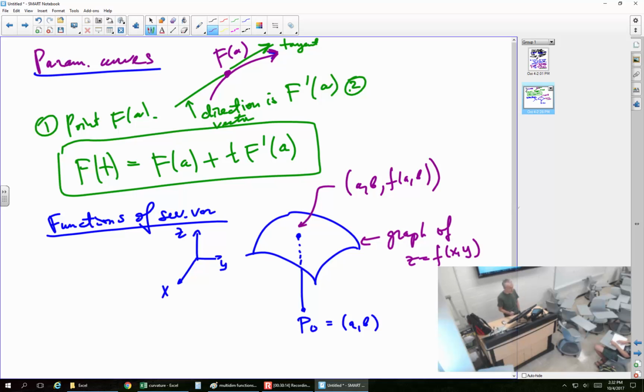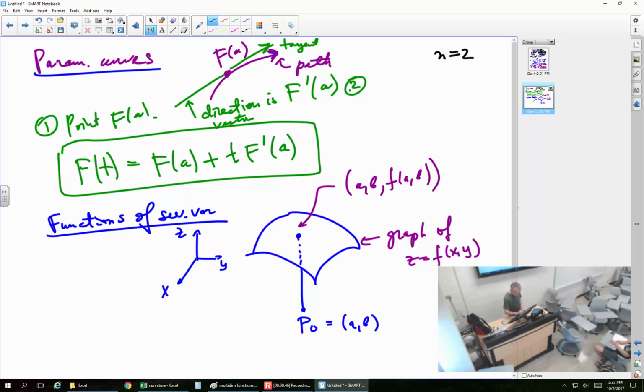Notice the difference in terminology. In Calculus 1 these are graphs, but in parametric curves we have been speaking of paths. The difference is where the thing lies: in a larger space. If n is equal to 2, the parametric curve lies on the plane. But for functions of two variables, the graph lies in three-dimensional space.